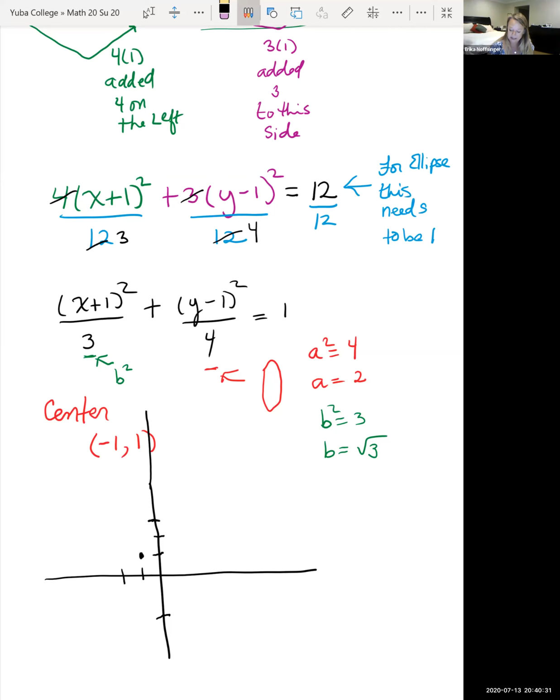So I know I need to go up 2 from here because my major axis is parallel with the y-axis. So that would get me a point right here. So I could just tell right away that this is at -1 and then +3. If I went down 2, that now gets me at a point when x stays at -1, but my y value now is -1.